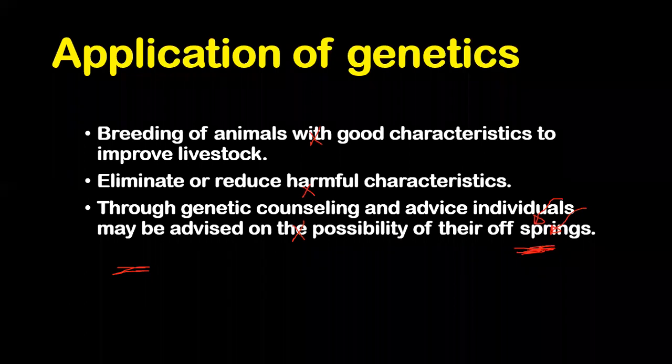Genetic counseling. We have just discussed this. Kevin is claiming that Katende is the father of the kid, and Katende is claiming that he's not the one. He doesn't even know Kevin. So what do you do? You go for genetics.